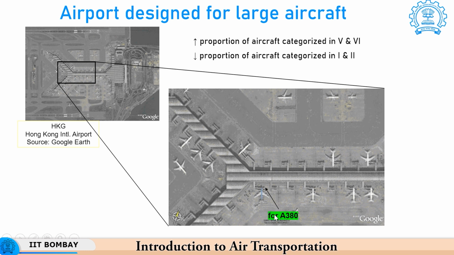Now, for Airbus A380 they had to knock off one of the gates because of the width and the size of the aircraft and also the number of passengers which have to be accommodated. So, usage of A380 has led to many adjustments required at the existing airports. Okay.